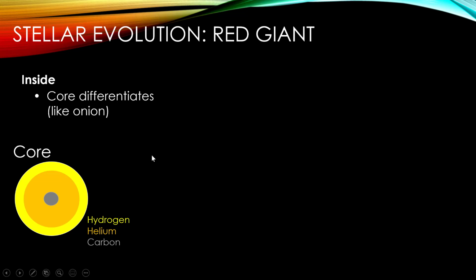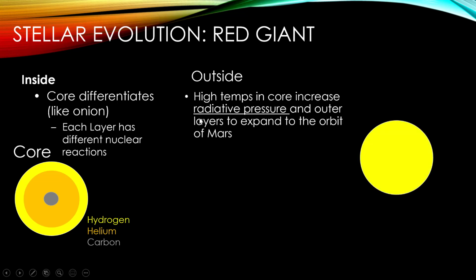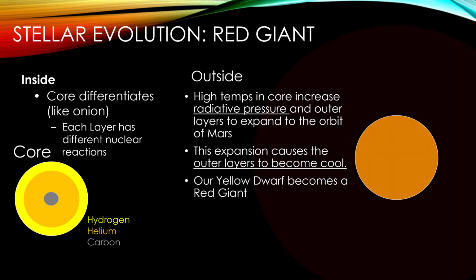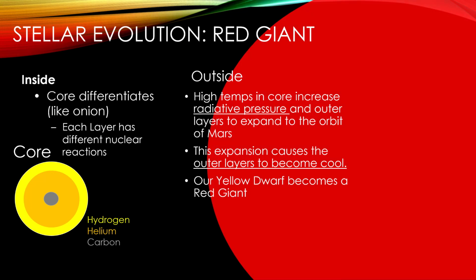But if you were in a spaceship looking at this star going through this change, you would not see a star that shrinks. You would actually see that since the radiative pressure inside is much stronger, our star starts to expand. That expansion causes it to cool off on the outside, and it becomes a yellow dwarf, or excuse me, a red giant.